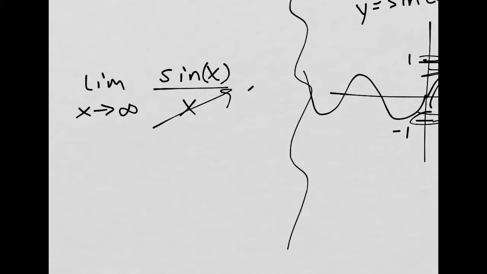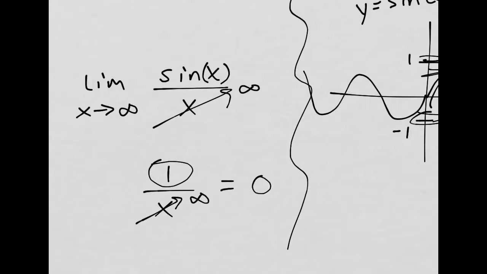However, the x is going to go to infinity. It's going to blow up, super huge. If the top is staying the same and the bottom is going towards infinity, then the whole fraction goes to 0. The bottom is getting huge, so it dwarfs the whole fraction.